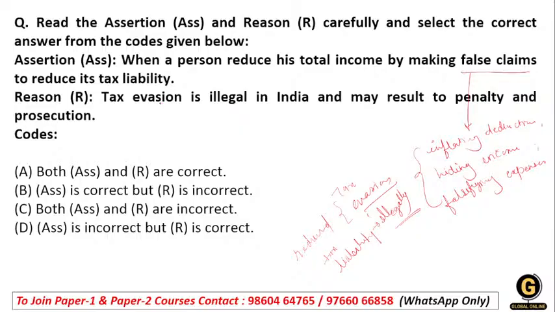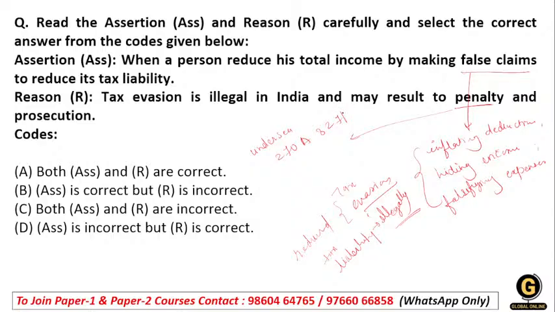Under the Income Tax Act 1961, an individual or business found guilty of tax evasion suffers a penalty under section 270A and 271 for underreporting and misreporting income.